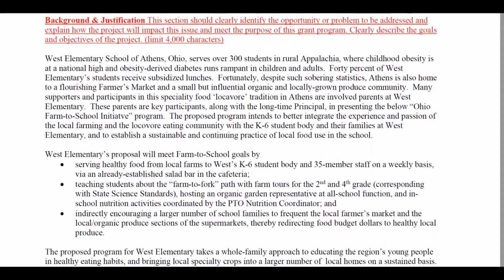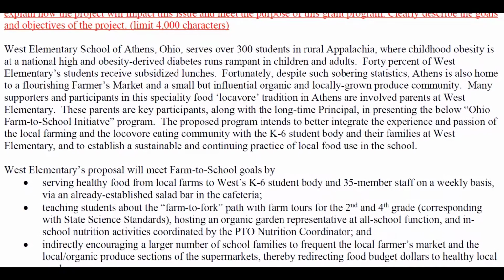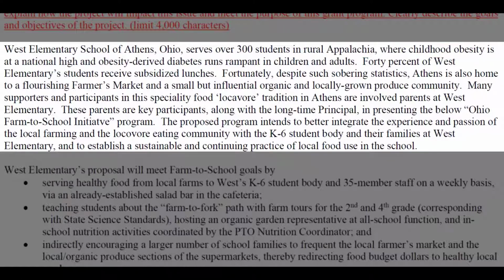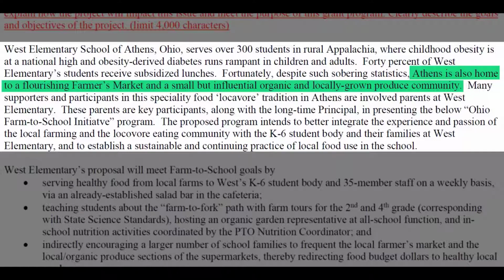The parent-teacher organization of West Elementary School in Athens, Ohio, in rural Appalachian Ohio, described its circumstances, a place where childhood obesity and poverty is rampant in the population. They described the fact that this particular school is located in a university town where there is a strong tradition of local food systems.